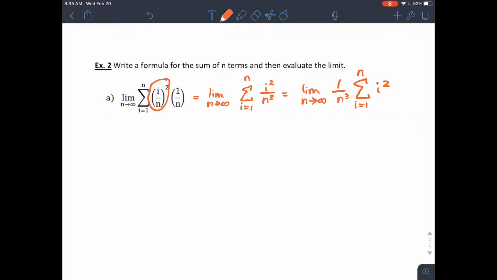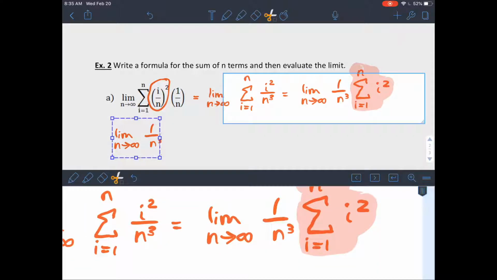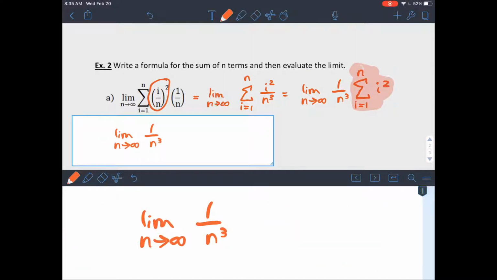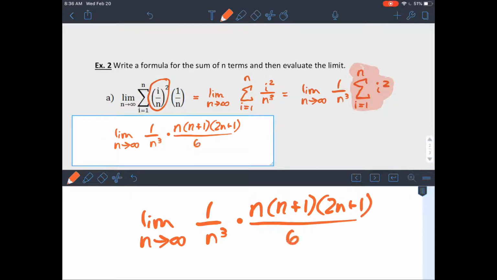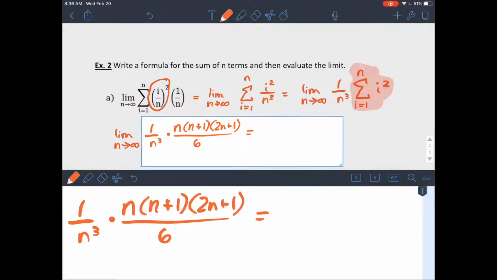And then you'll be left with 1 over n cubed times the result of that sum, which we have a formula for that we talked about yesterday. So let's write down the formula for what that sum would be, which is to the second power, so that'd be your n times n plus 1 times 2n plus 1 all over 6. And then we could multiply that times our 1 over n cubed.